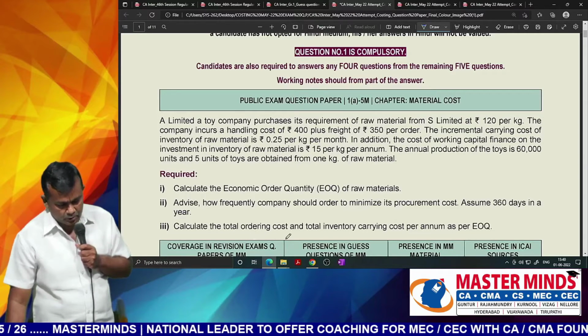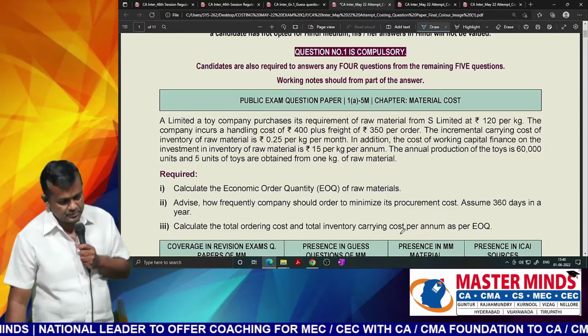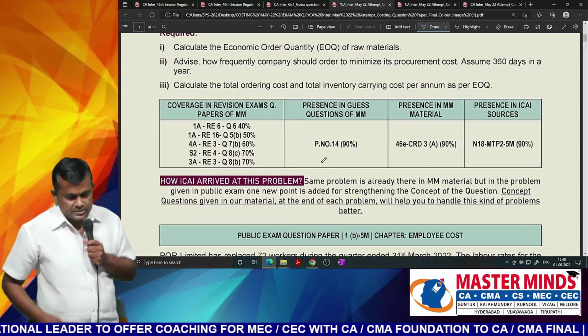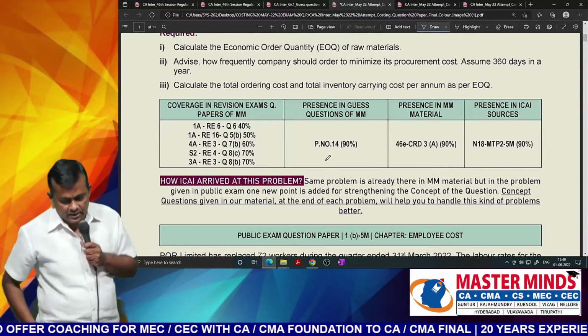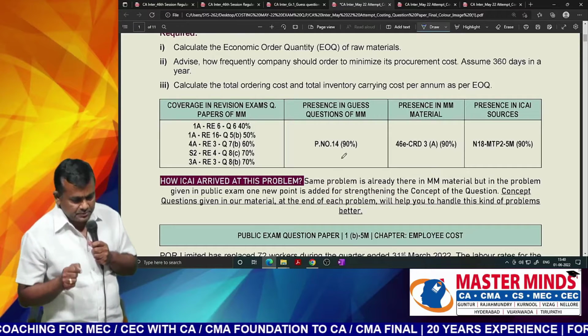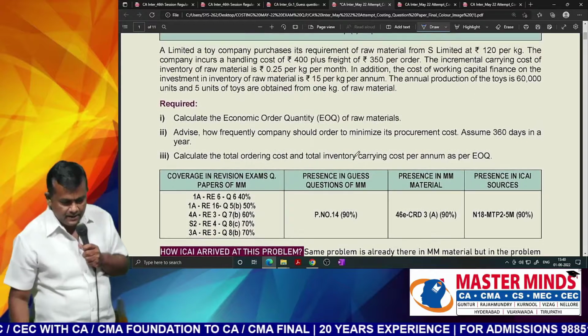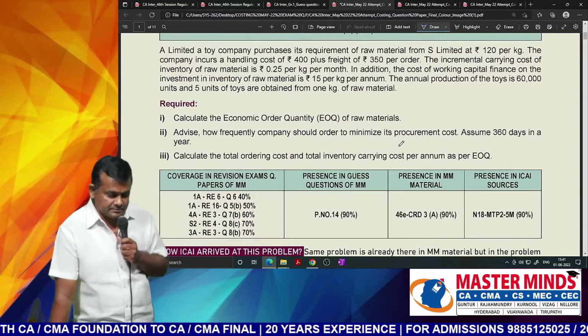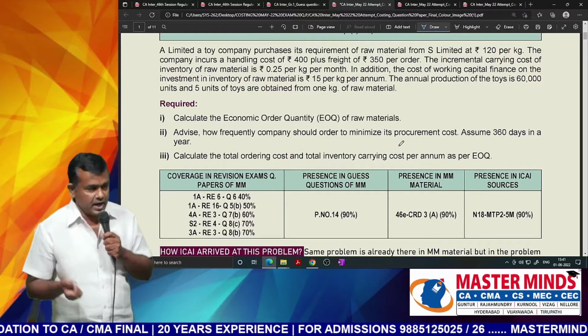Calculate the total ordering cost and total inventory carrying cost per annum as per EOQ. So the same problem is already in the material, sir. But in the problem given in the public exam, one new point is added. That is the third bit: calculate the total ordering cost and total inventory carrying cost per annum as per EOQ.